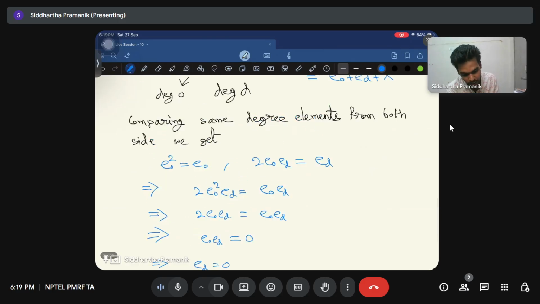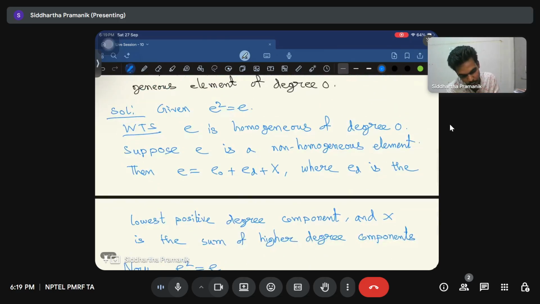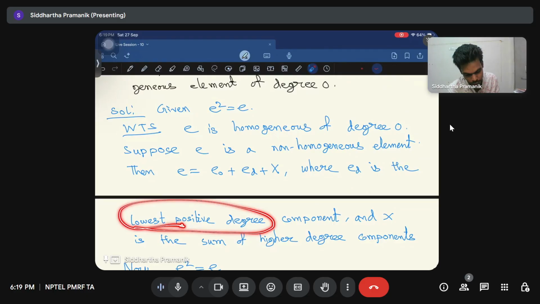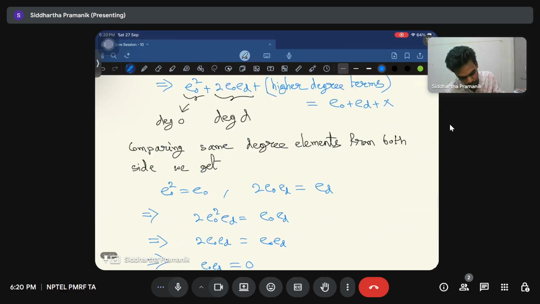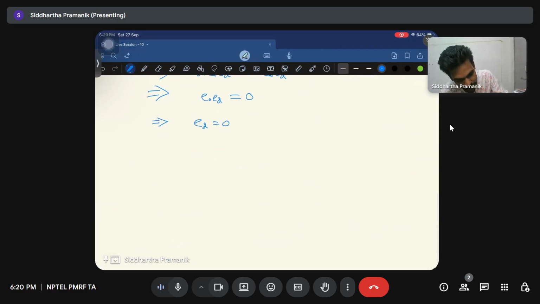But this is a contradiction, right? Because ED is the lowest positive degree term, so we are assuming that it is non-zero. Otherwise, we can merge it, and E is just E0. So this is a contradiction.